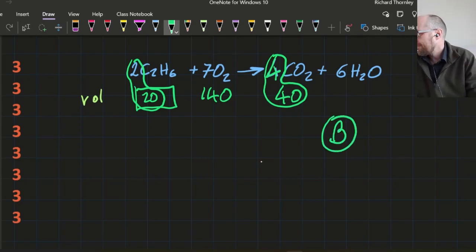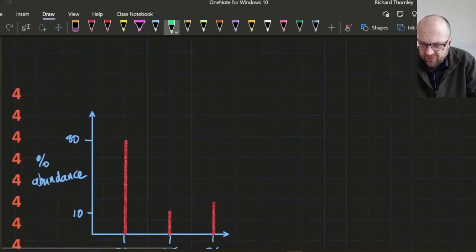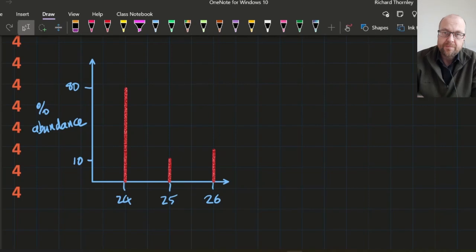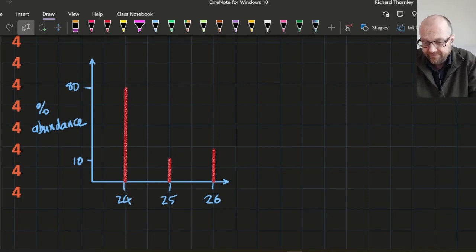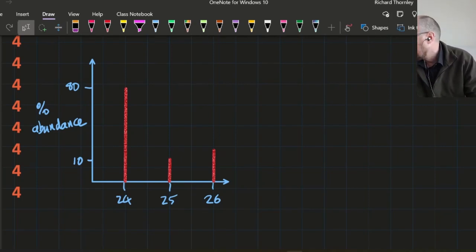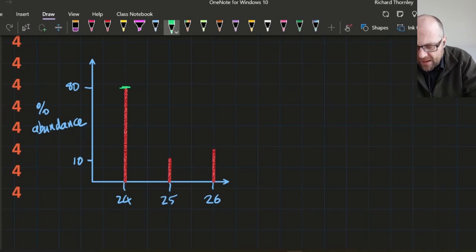Yep. 4, mass spectroscopy. Never seen a mass spectrometer. What is the relative atomic mass? So I can see there's loads of the 24 and not a lot of anything else.